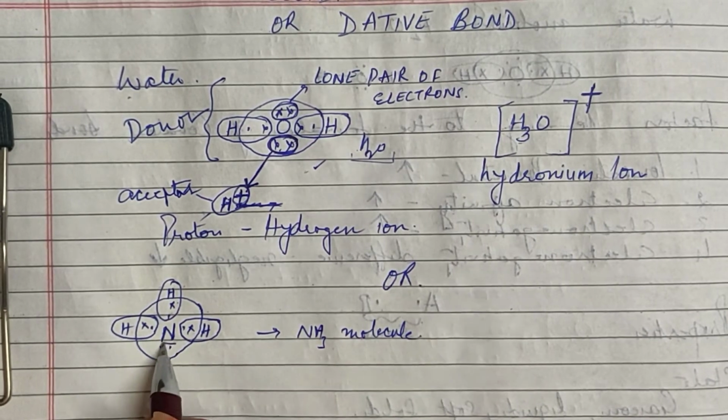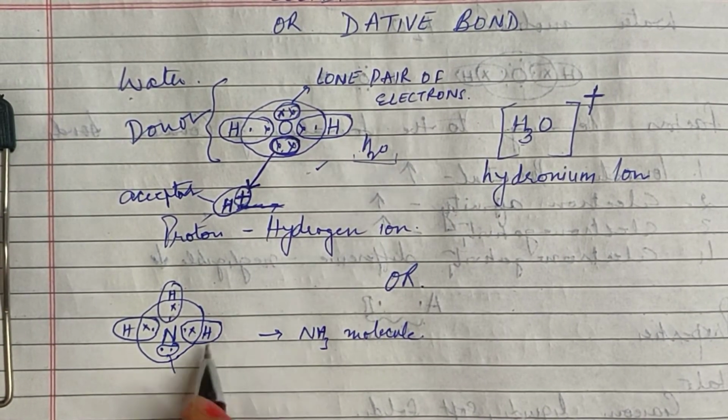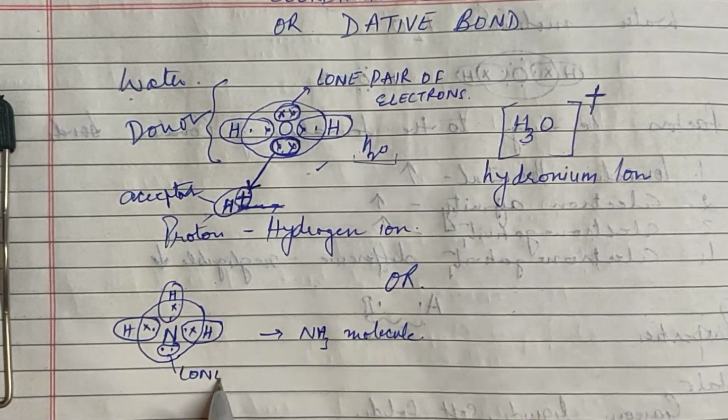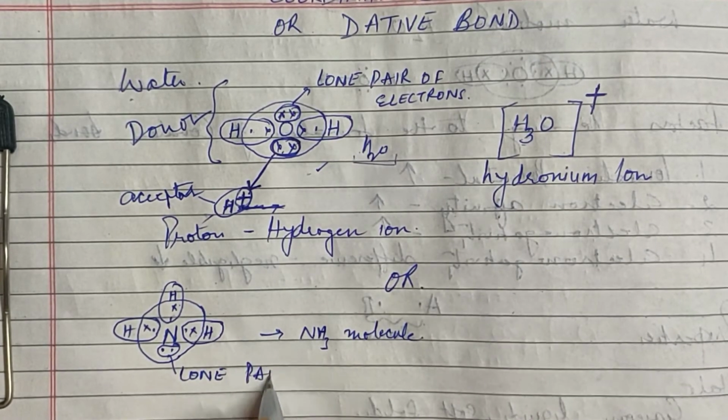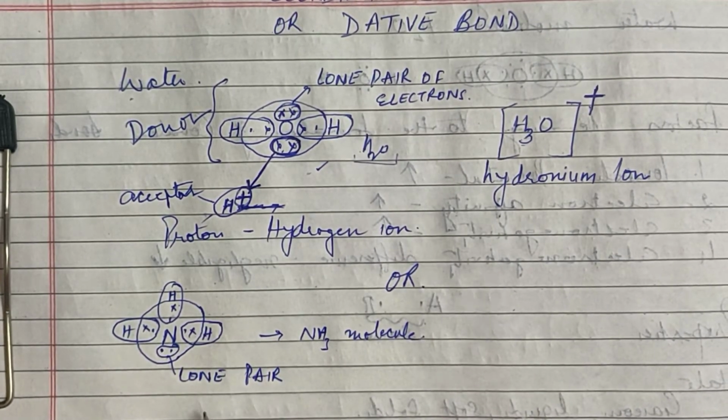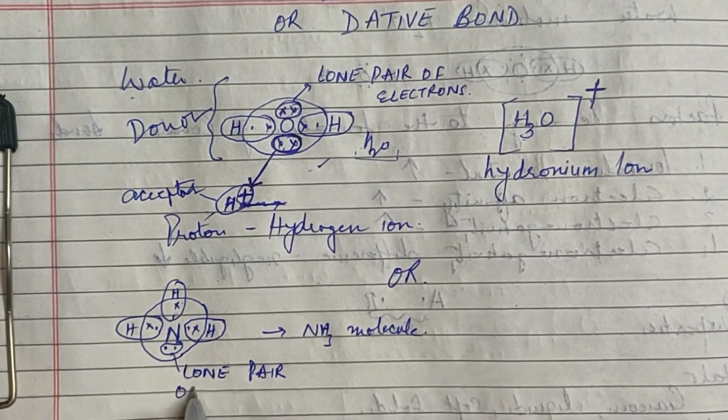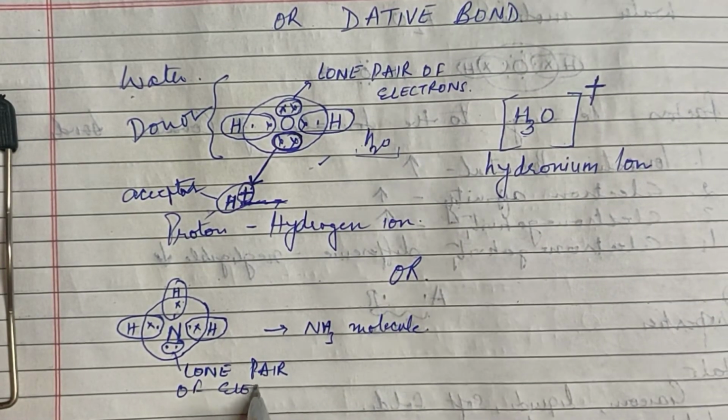Now this one also has a lone pair of electrons. This is a lone pair. We are calling it a lone pair because it is not bonded to any other atom.